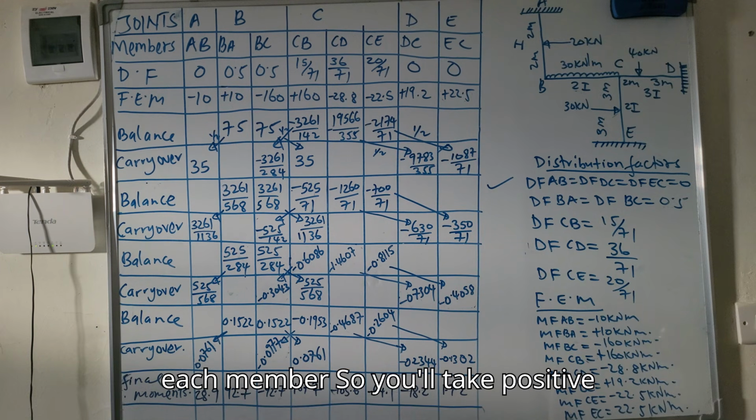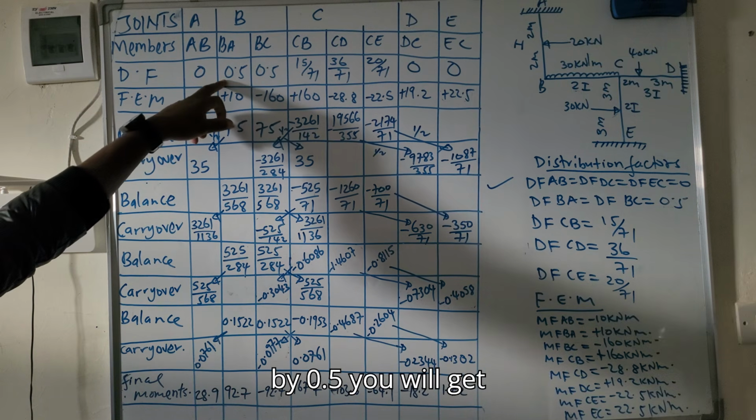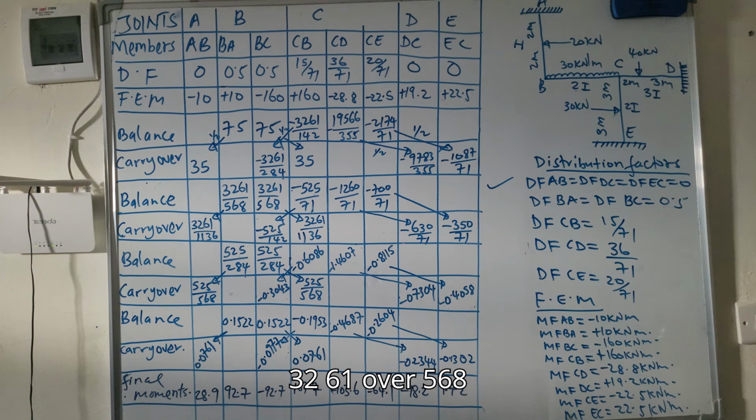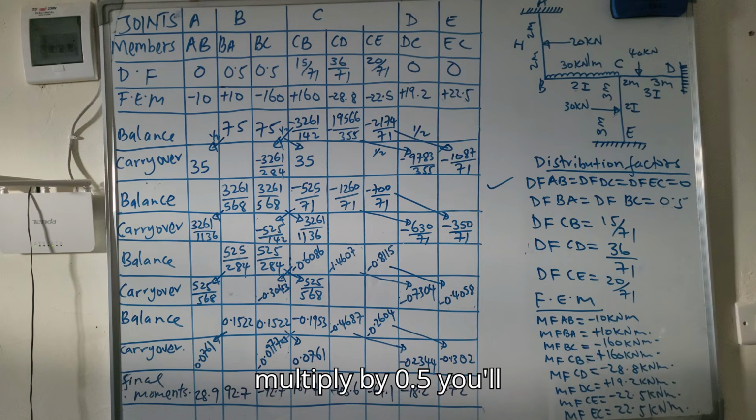So you'll take positive 3261 over 284, multiply by 0.5, you will get 3261 over 568. Again, positive 3261 over 284, multiply by 0.5, you will get 3261 over 568.